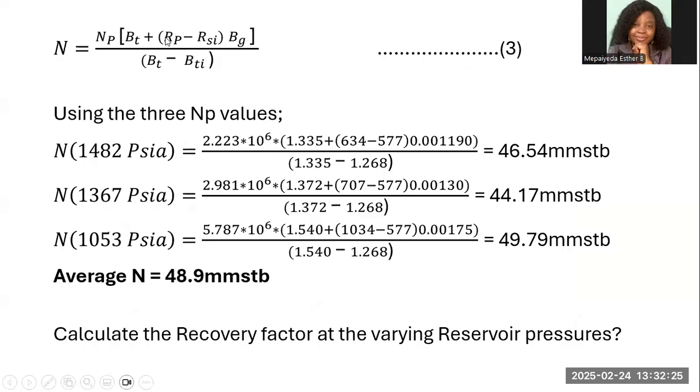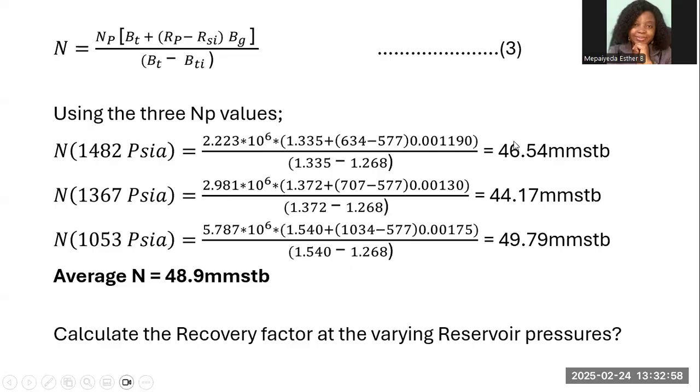And then here we have RP minus RSI, and here you have your BT minus BTI, that will be BTI minus BTI, because at the initial pressure, 1,800, they are both the same, so that renders this to be 0 as well. So I believe you understand how to estimate your N at each of the pressures.